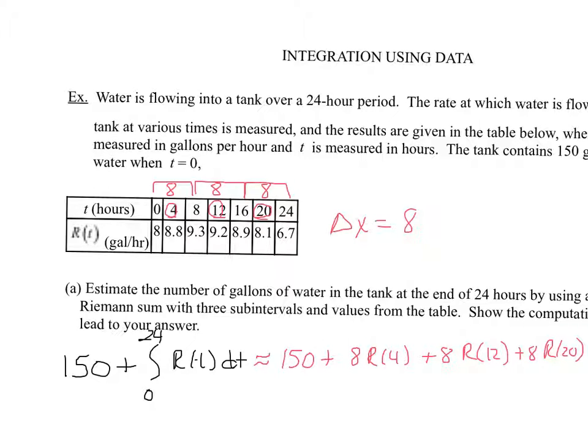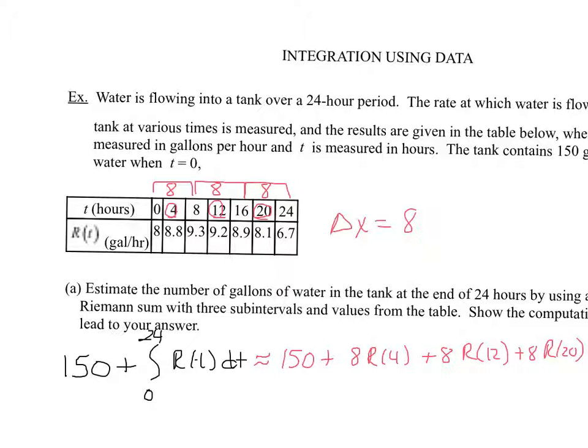Now, if you want to put your 8 in the front to distribute, you can do that too. You can put 8 times in parentheses R4, R12 plus R20. And before you actually plug in values, it's a good idea to write your R4, R12, R20, because sometimes it's easy to pick up the wrong value from the table, but this shows that at least you knew which value you were supposed to get. You knew the time that you were supposed to get it.